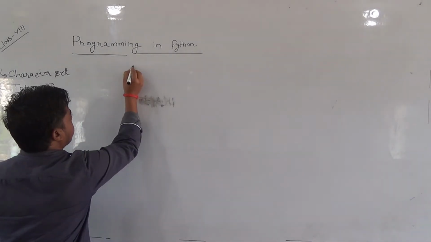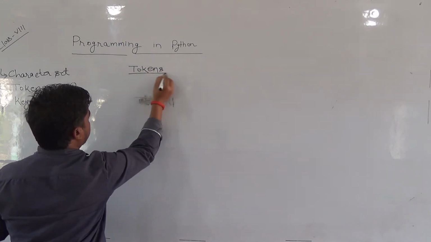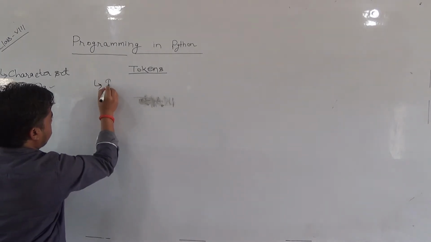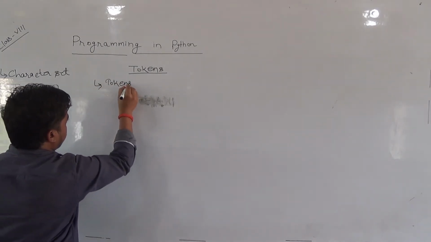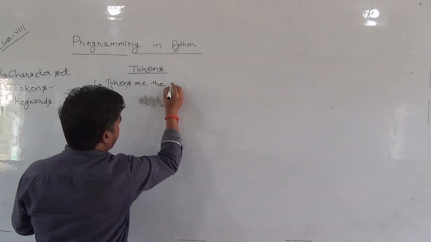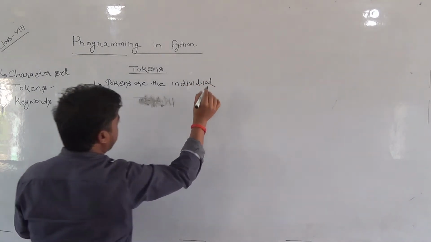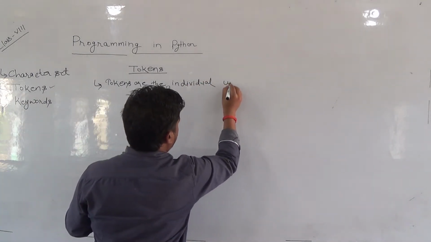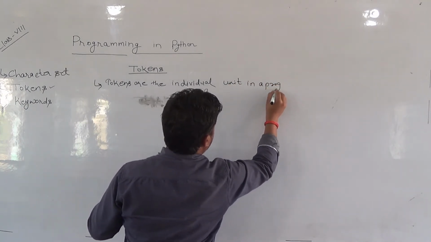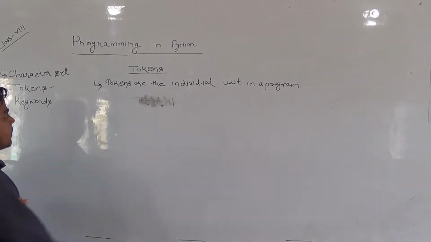Next we will see about tokens. Basically, tokens are the individual units in a program. These are basically individual units in a program.